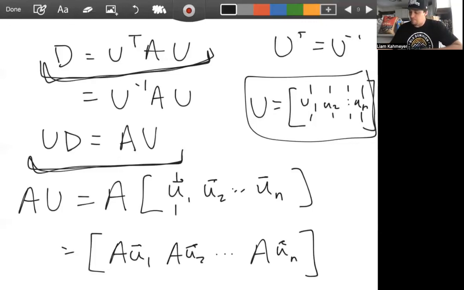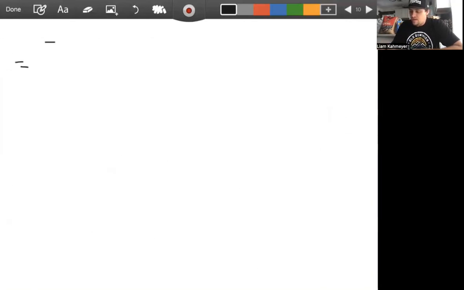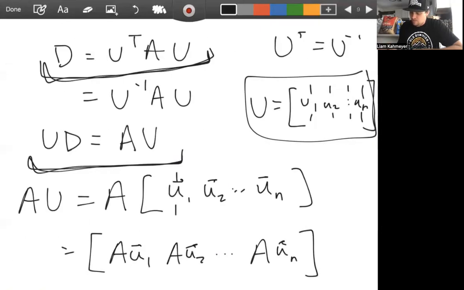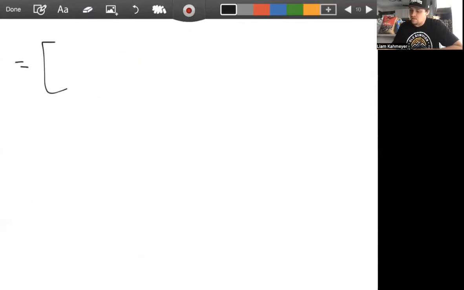Okay, but what do we have here? We have that U1 through UN are eigenvectors. And so because of that, we know that, right? What's the criteria to be an eigenvector? It's that AX equals lambda X. So let's replace AU1 and so on with the corresponding products or scale based on the eigenvalue, right?